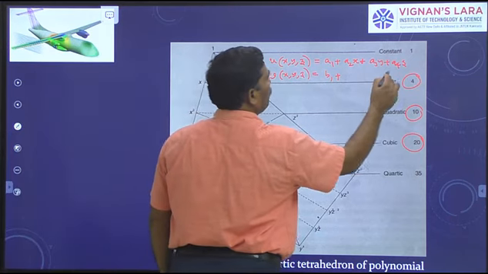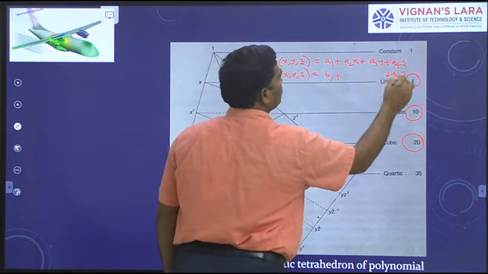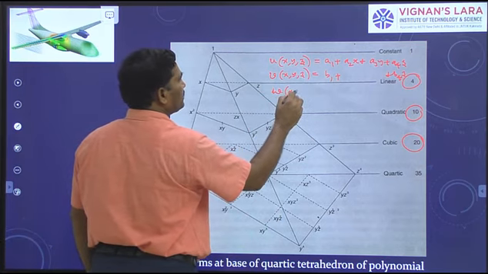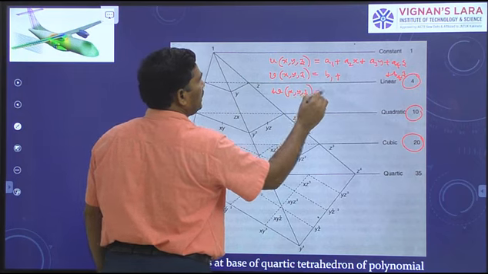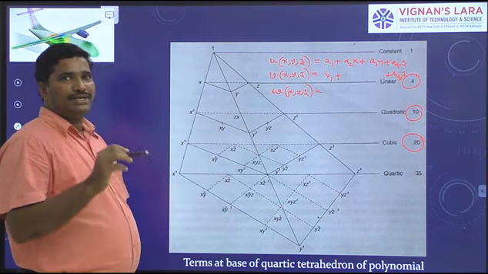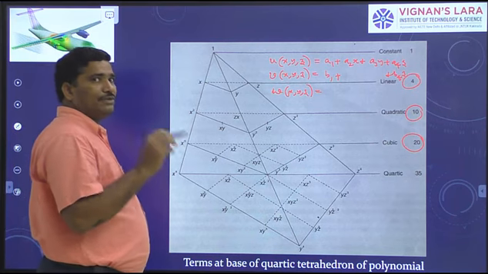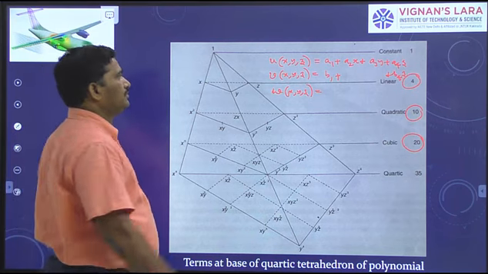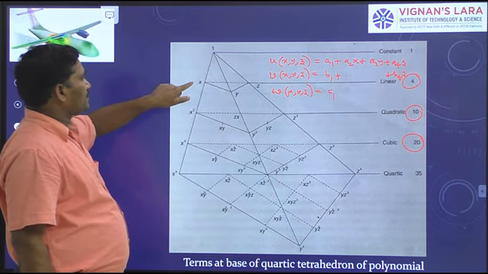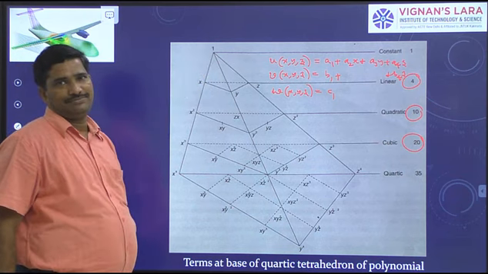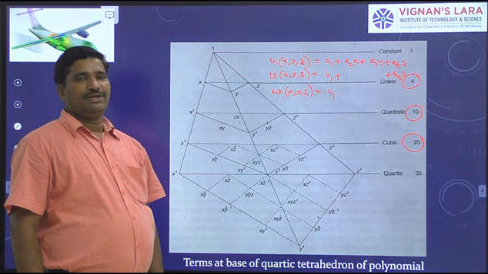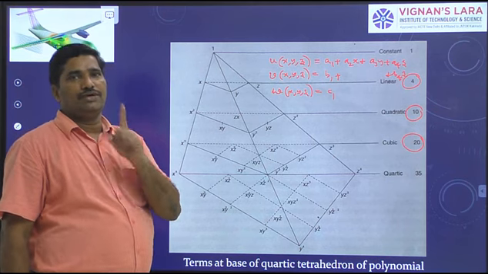It ends with b4z. Similarly for w, of variables x, y and z, it contains 4 terms. The first term does not contain any variable. I write c1 into 1 plus c2x plus c3y plus c4z. This is how I can write 3-dimensional polynomials when order n equals 1.